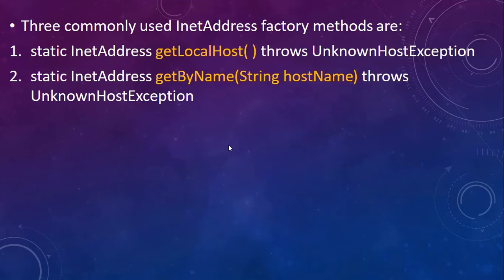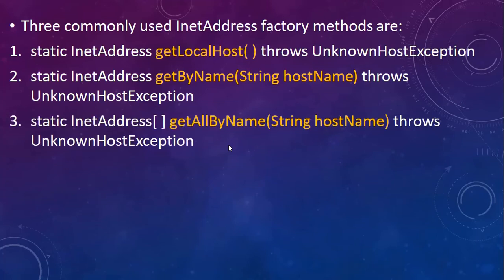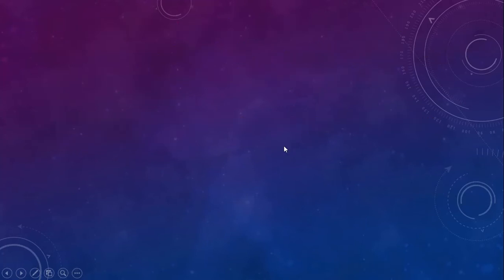Here also, if the host is not determined, it throws an UnknownHostException. And third is getAllByName. Note that this returns an array of objects, and it throws UnknownHostException if the host cannot be determined. Let us see each of these methods in detail.